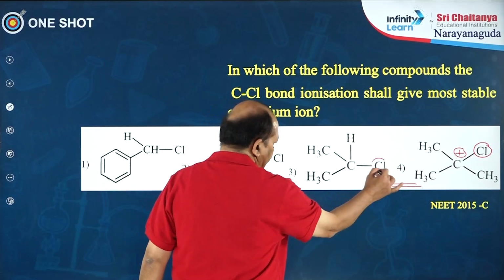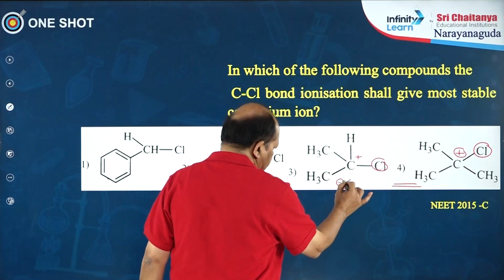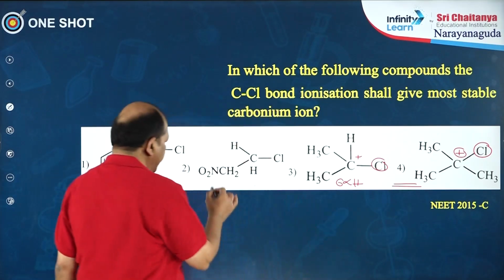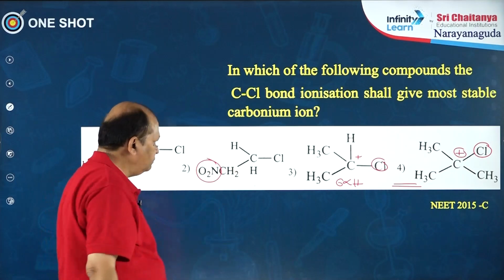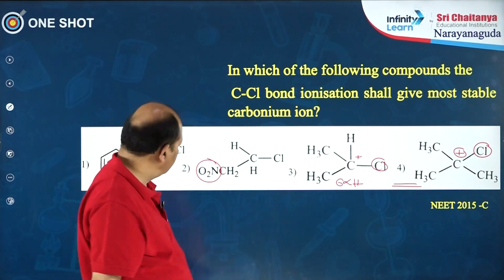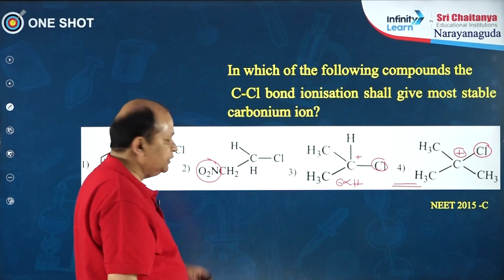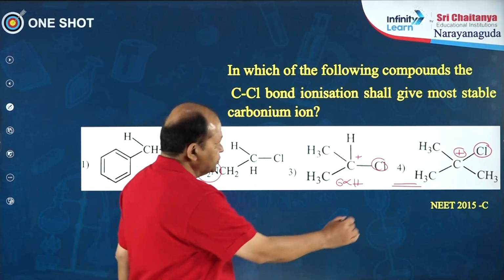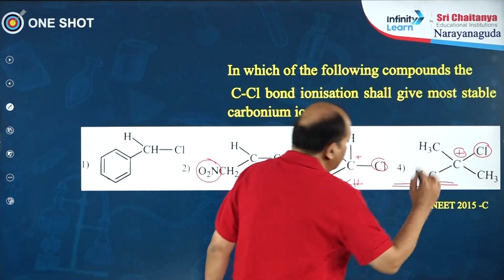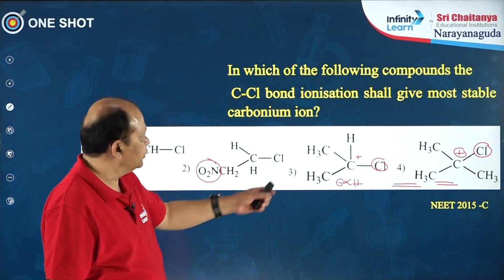Here if this ionizes, there will be 6 alpha hydrogens. Here the electron withdrawing group destabilizes the carbocation, and of course, here also you are getting a benzyl carbocation. So, tertiary butyl carbocation is most stable among the 4 options.